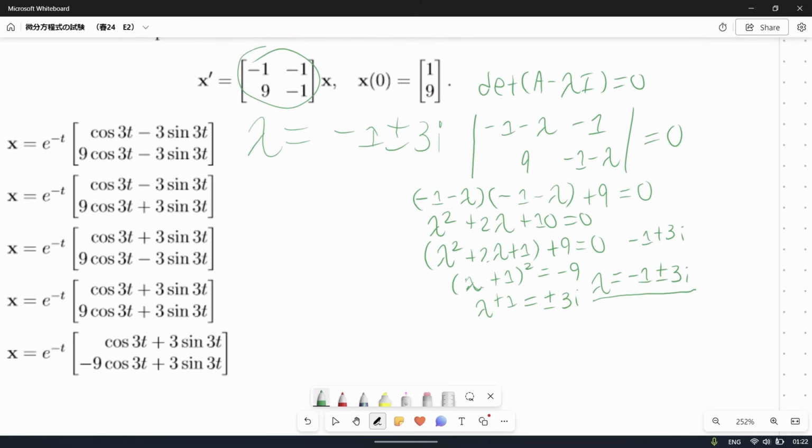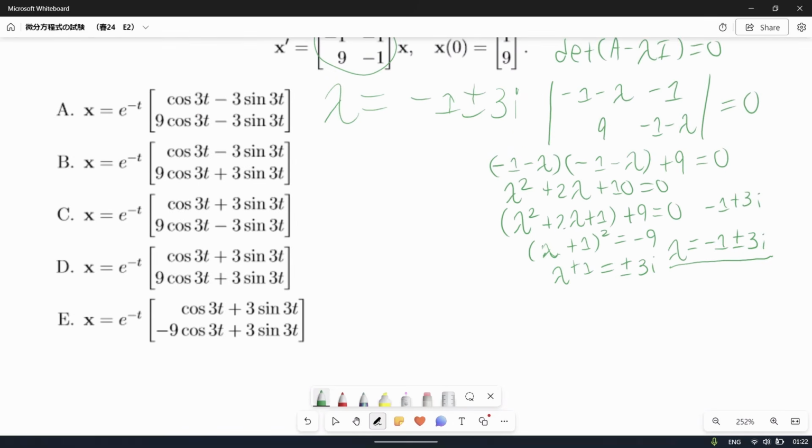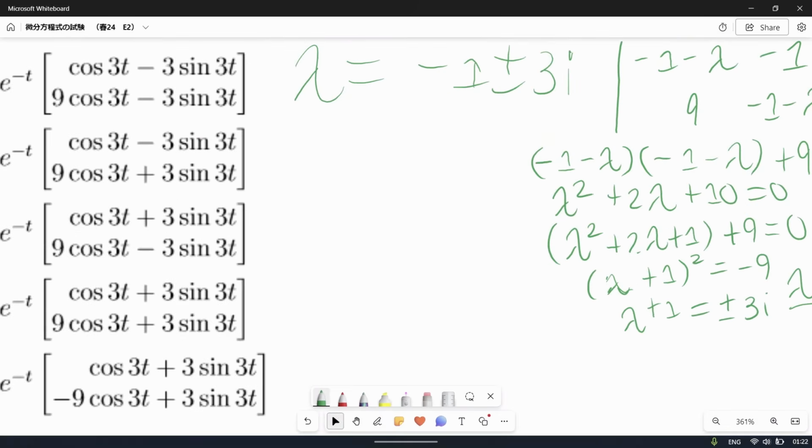To find the eigenvector, you just plug your eigenvalue back into this matrix and set up an equation that looks like this. Since lambda is equal to negative 1 plus 3i, the corresponding matrix is going to end up being negative 1 plus 1 minus 3i, so negative 3i, negative 1, 9, and negative 3i.